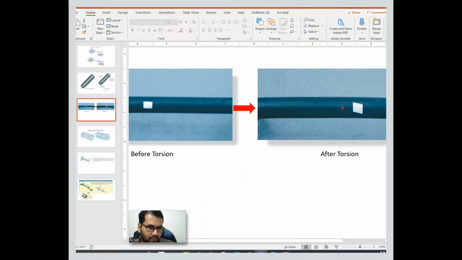If this cable experiences torque, and the left front picture is before torsion, this white rectangle now changes, is no more a rectangle, because this cable experiences a torsion.